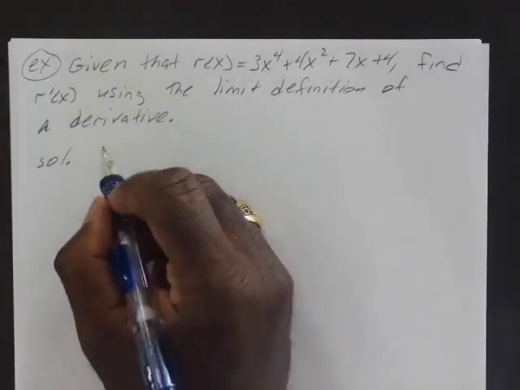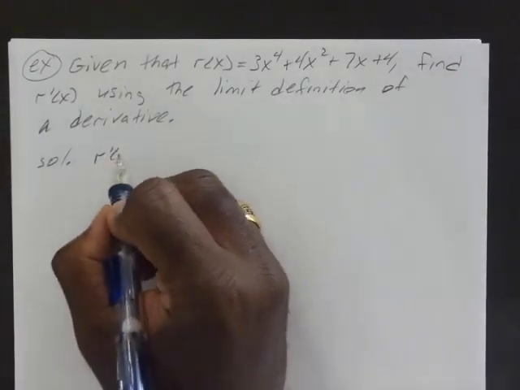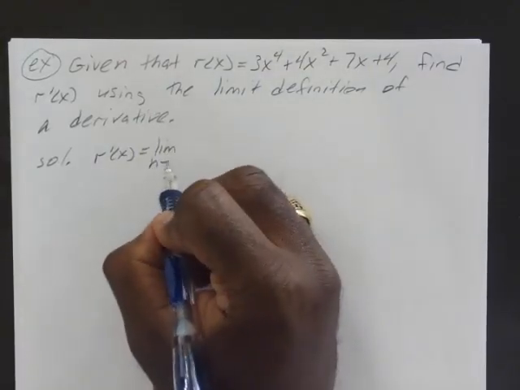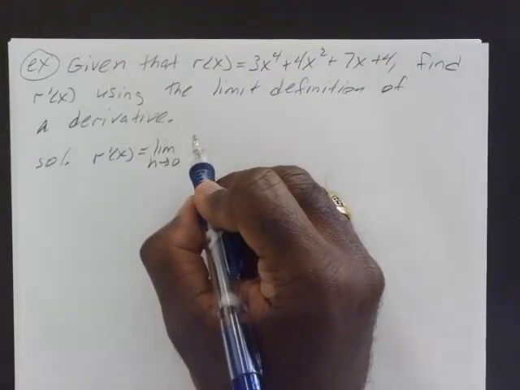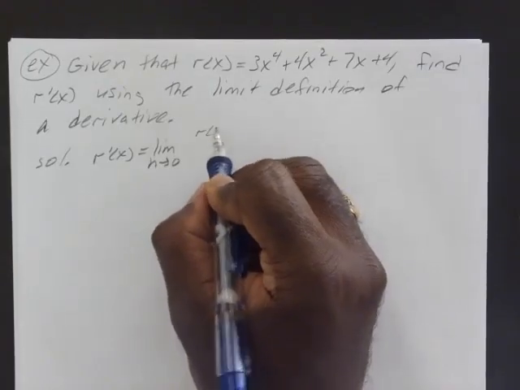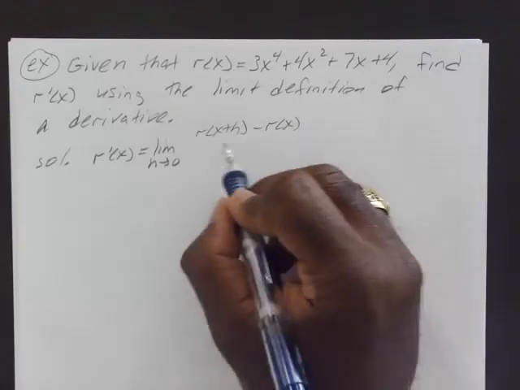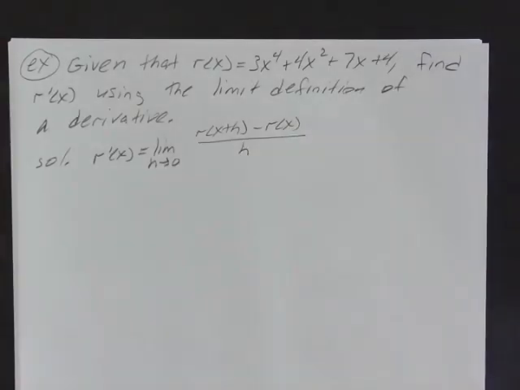Okay. Well, in this case, our r prime of x is equal to the limit as h approaches 0 of r of x plus h minus r of x all over h.